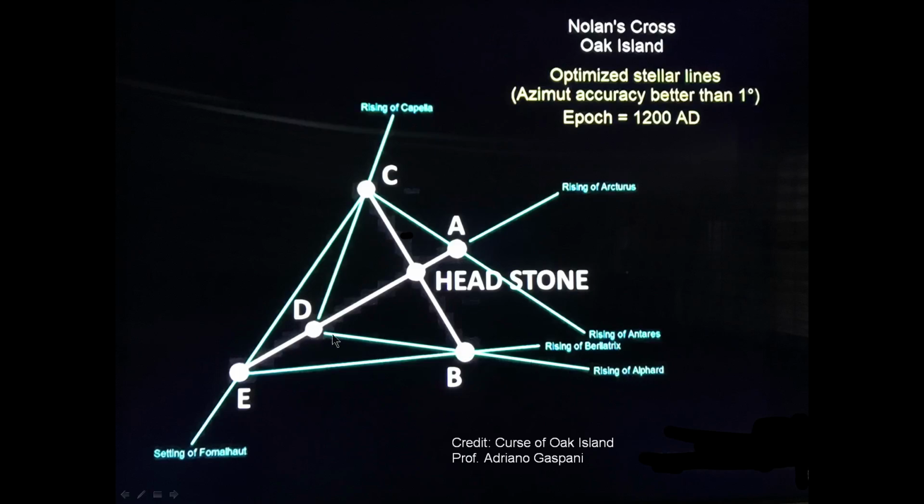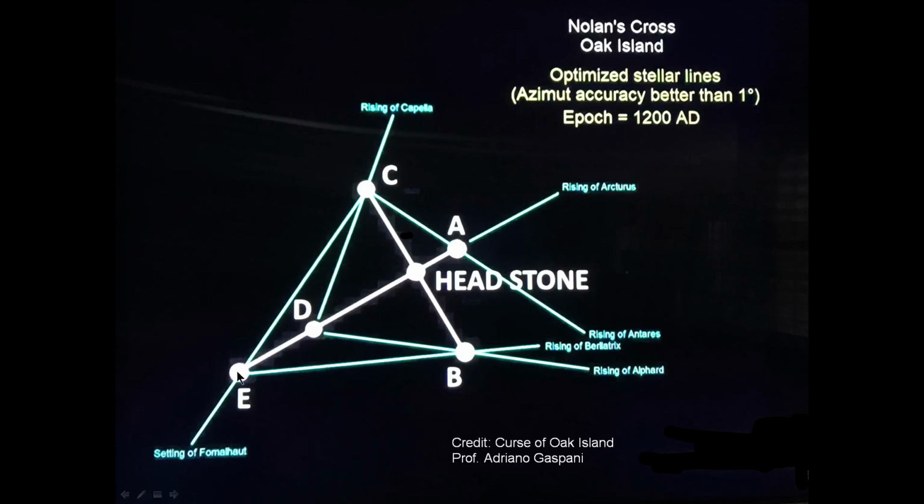And this would set the angle between cone C and cone D and cone D and cone B. Now, once the cone C angle has been realized, then you can do the setting of Fomalhaut, and Fomalhaut gives us where it intersects the rising of Arcturus. It gives us the position of cone E.